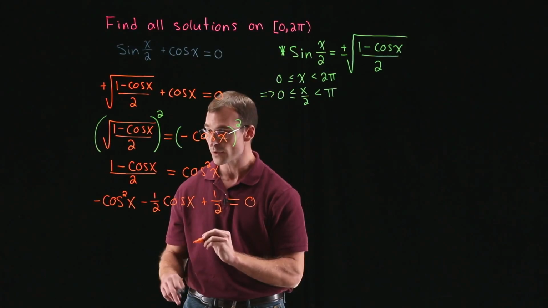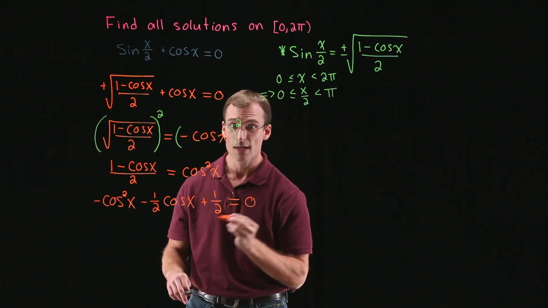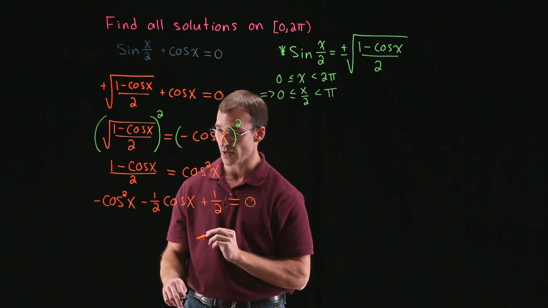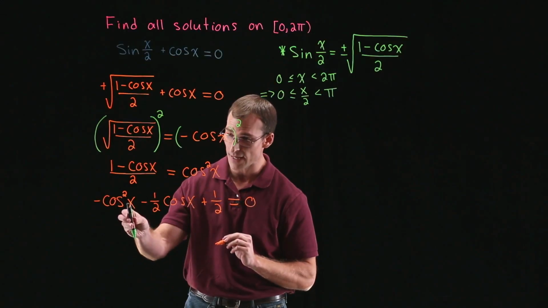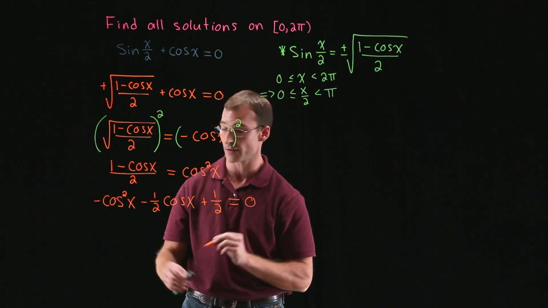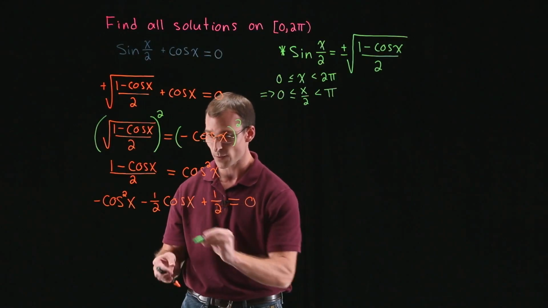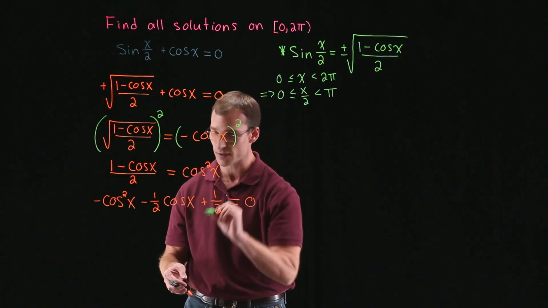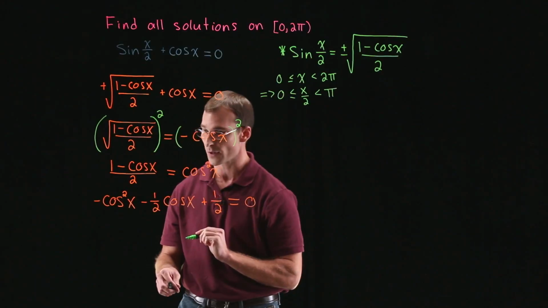Okay. Now, I want to try and factor this. And if you're like me, when you're trying to factor quadratics, I personally like to, if I can, get rid of any fractions and also turn the leading coefficient positive. So we see that we have a negative 1/2, a positive 1/2, and just a negative out in front.